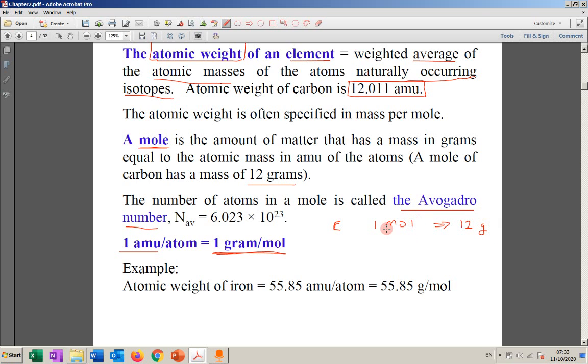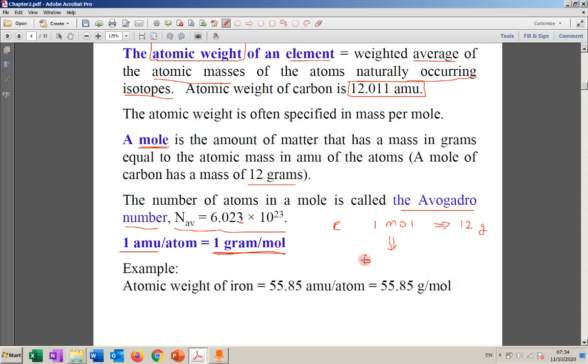Now, inside 1 mole, we have Avogadro number, 6.022 something, but this textbook rounded it, 10 to power 23 atoms. So it tells us that inside 1 mole, we have this amount of carbon atoms.